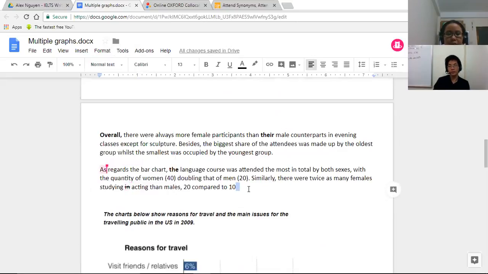As regards the language course, it stands the most in total for both sexes, with the quantity of women doubling that of men. Similarly, there were twice as many females studying acting than male, 20 compared to 10. Right.